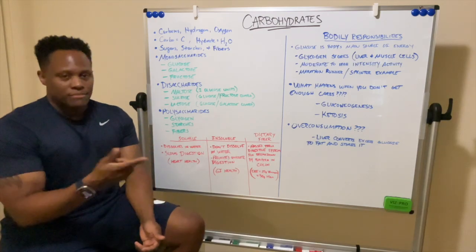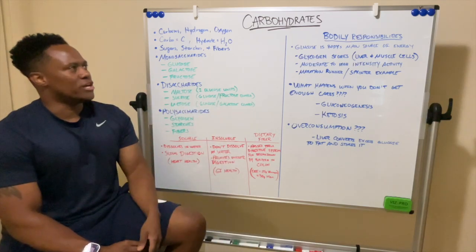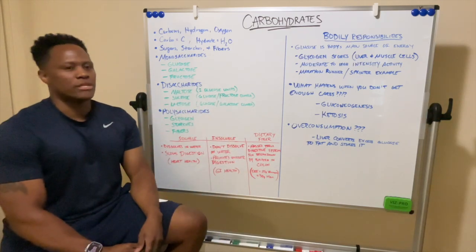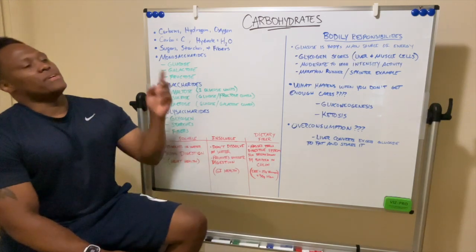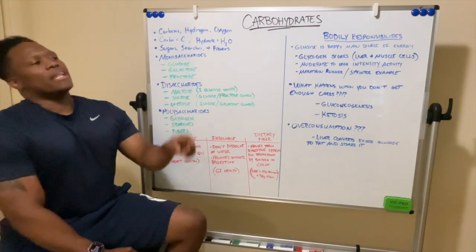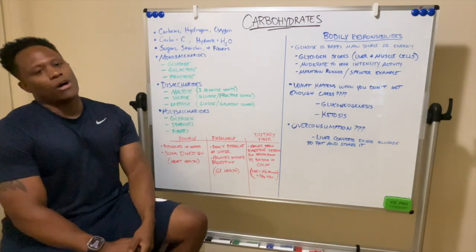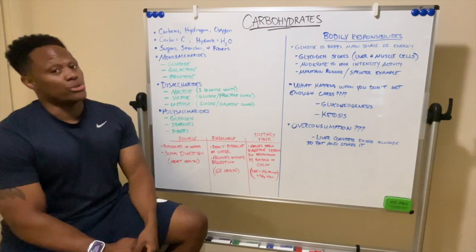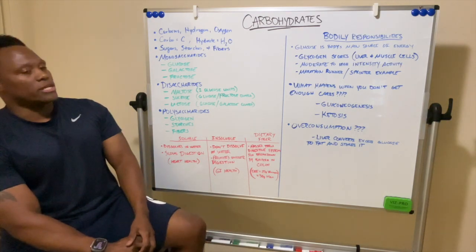And again, stick around. Not in this video, but maybe a couple of videos after I'm done discussing the macronutrients, because the next video is going to be fats, and then the video after that will be proteins. Once the macronutrients are done, then I'll go into kcals, where I'll actually be doing some math on this board, because that is going to require some math, right? You'll see why when I do that video.